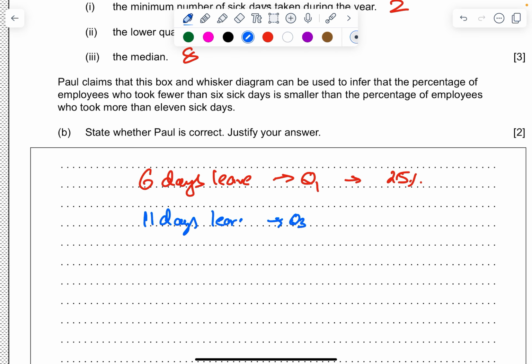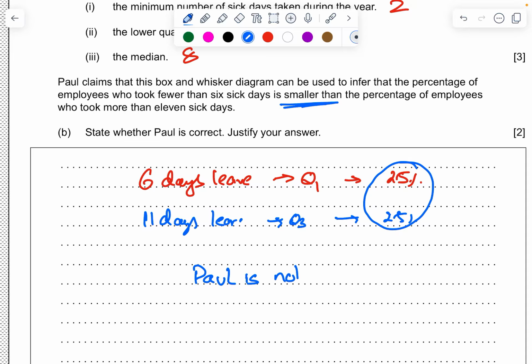The percentage of employees who took more than that is also 25%. So both are the same. Paul claims that the percentage is smaller, but we see that both are the same. So therefore Paul is incorrect. Paul is not correct.